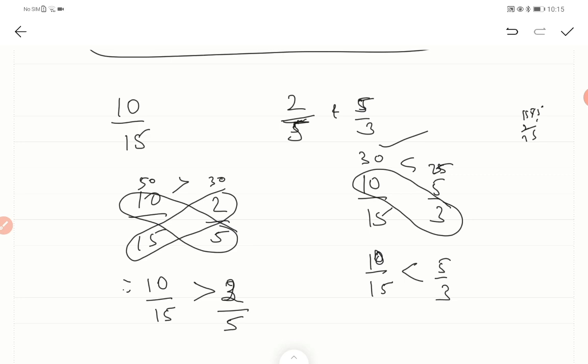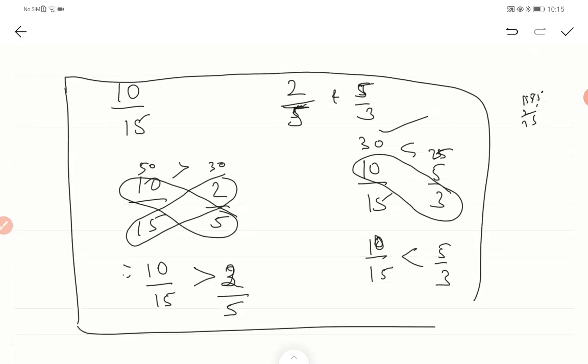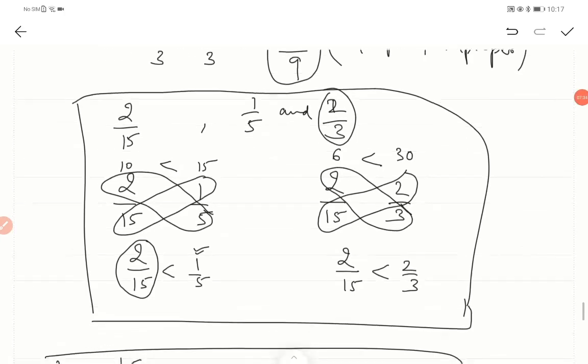So what do you observe in this? What can we conclude? Just observe these answers and comparisons, and tell me what we can conclude. Just have a thought about it for some time. Did you come to any conclusion?